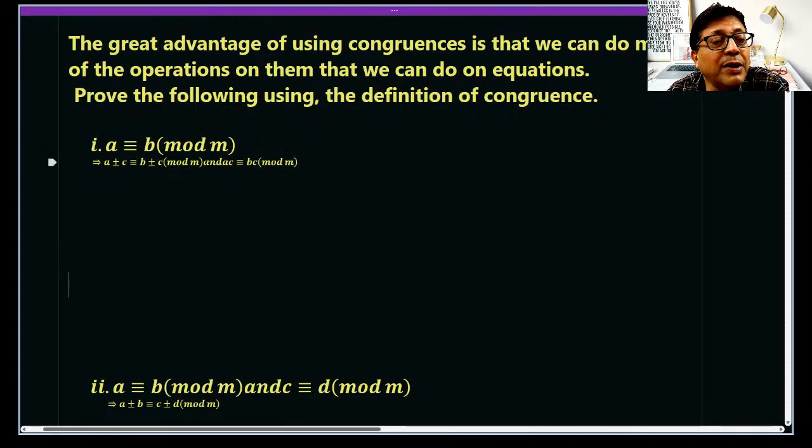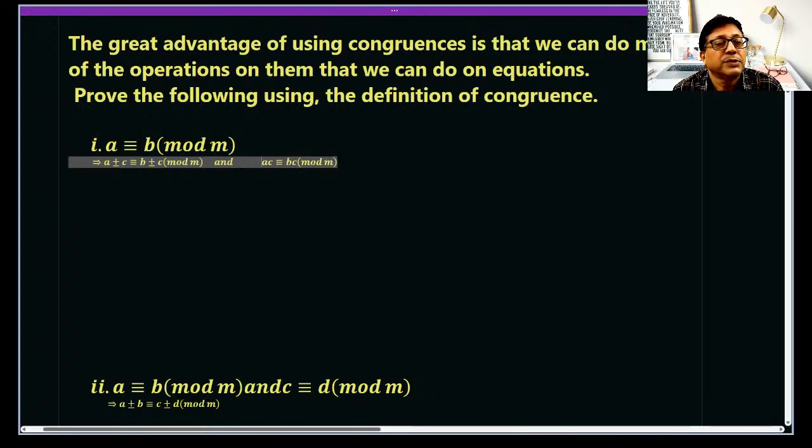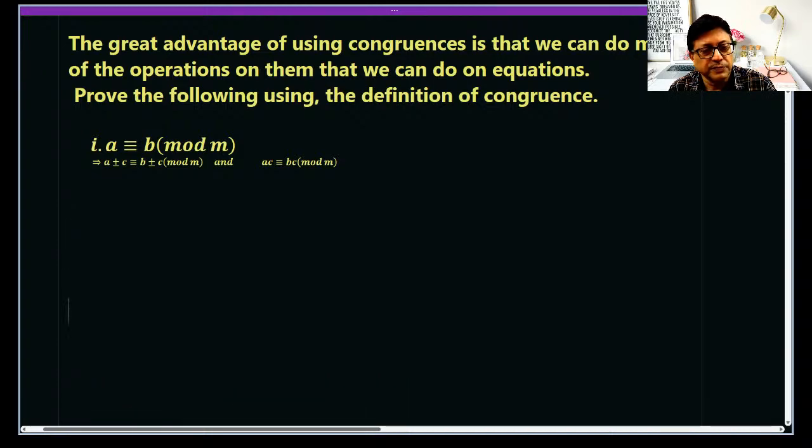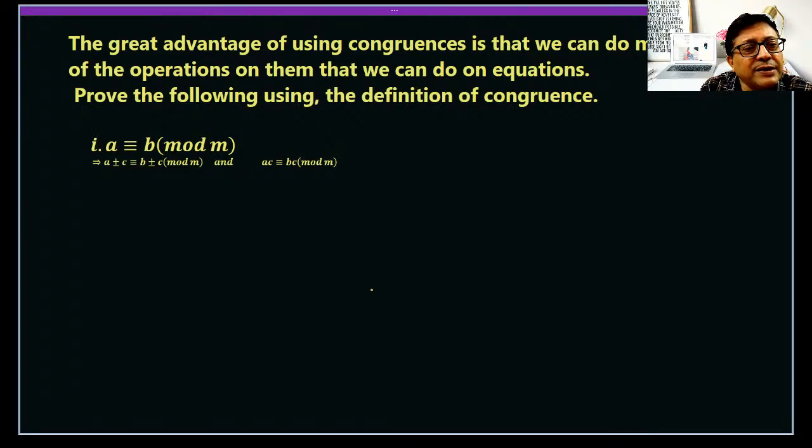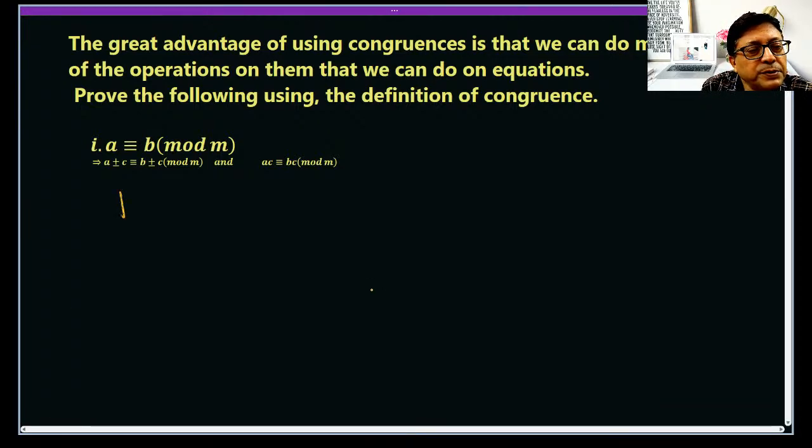And another one: A into C is congruent with B into C mod M. In fact, we can prove both of these now.